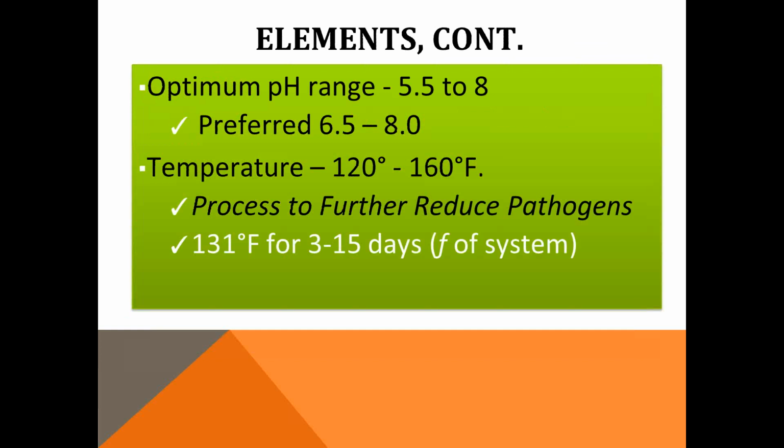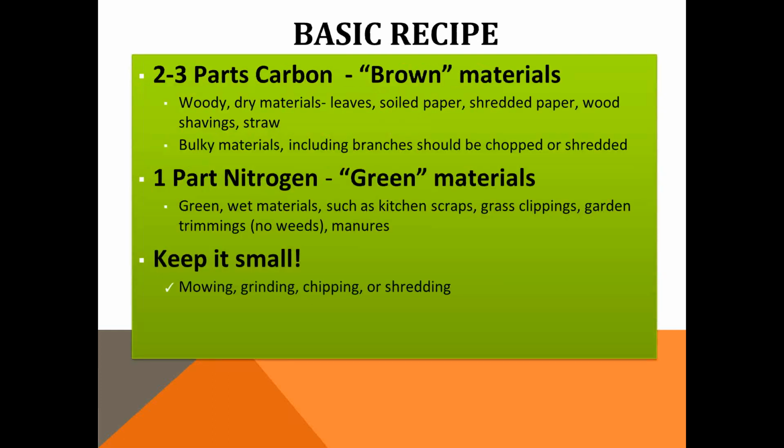Your optimum pH range, you don't have to really worry about this too much as long as you put in the proper diversity of food scraps and such, that'll come out. And then temperature, if all your materials and your water and your aeration is in place, your temperature will rise. So this will happen as a product of your composting system and you and your volunteers.